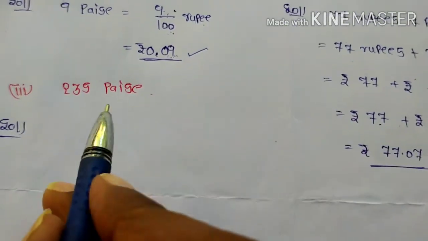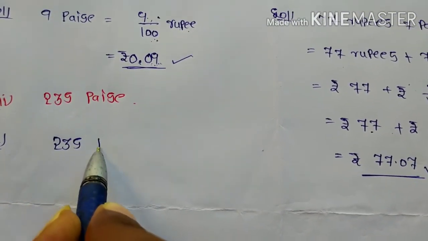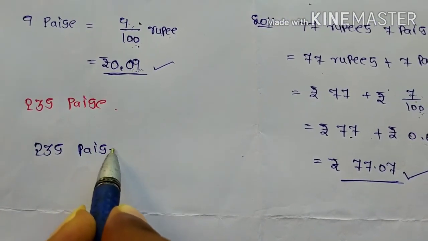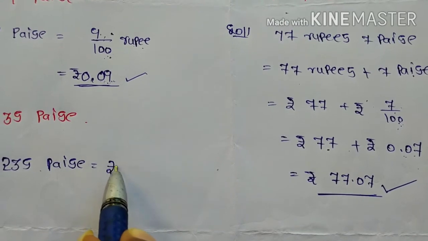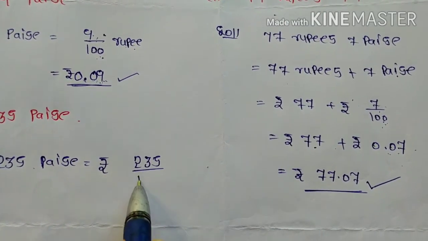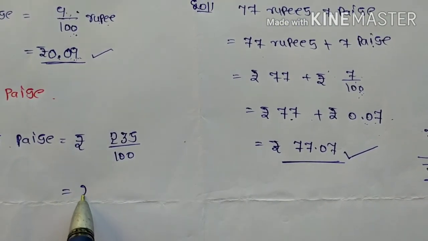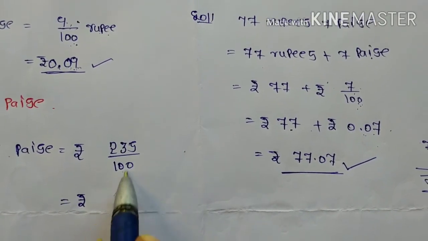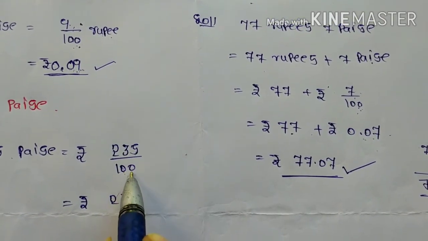Next one, you can see 235 paise here. 235 paise is equal to, I am converting into rupees, so I write the rupee symbol and also divide by 100. See, 235 by 100. Why? Because 1 rupee is equal to 100 paise. I mentioned already. First you write the numerator. See how many zeros are available? 2 zeros.